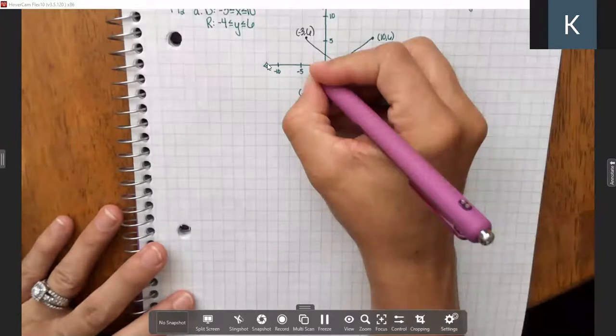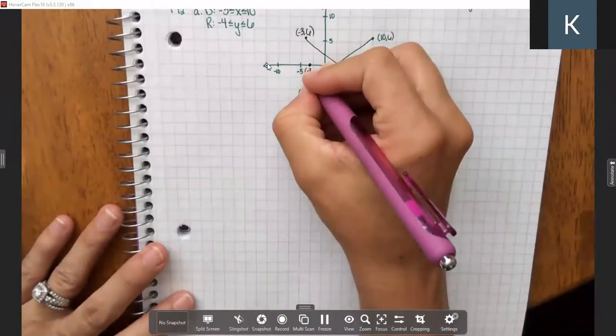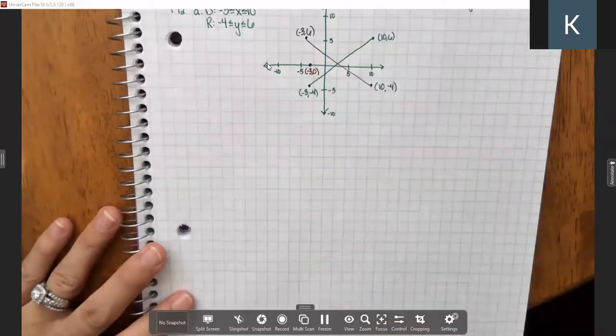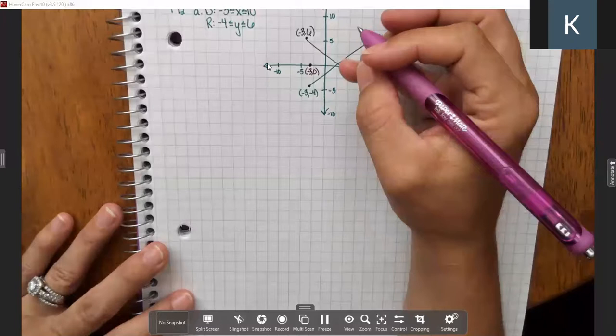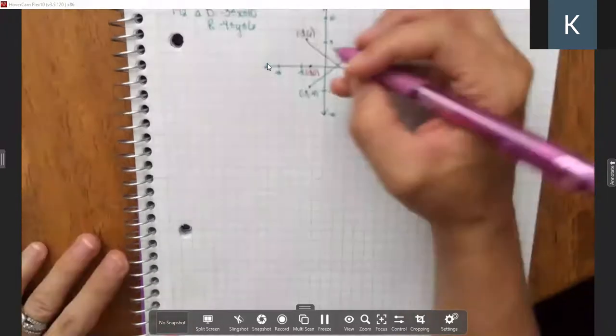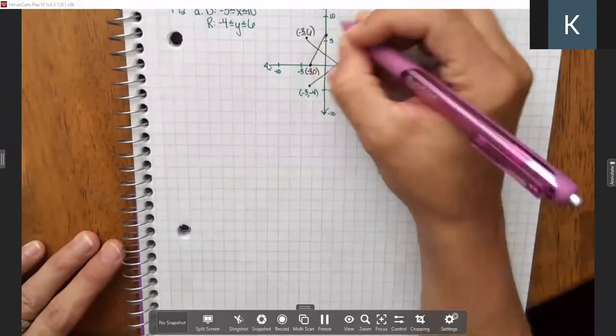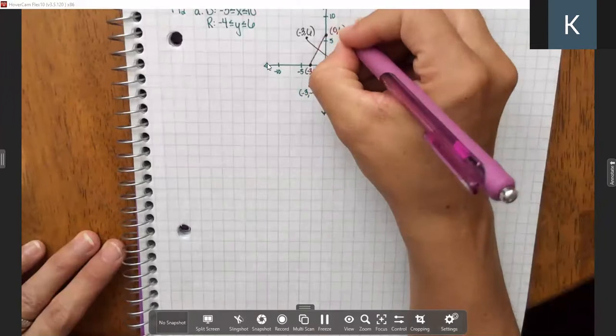You could start here at -3, 0. It could go up, and it could be curved, it could be straight. You could go up to right here at 0, 6.